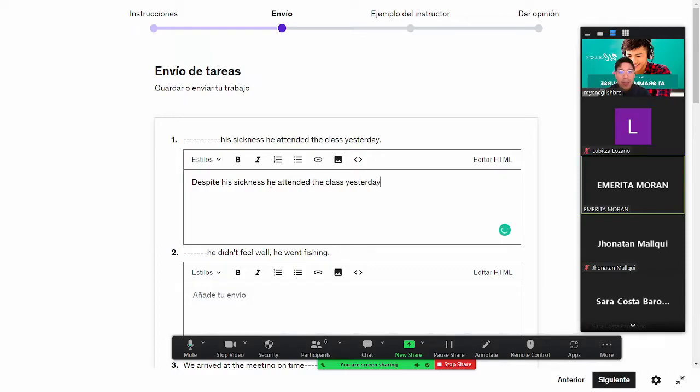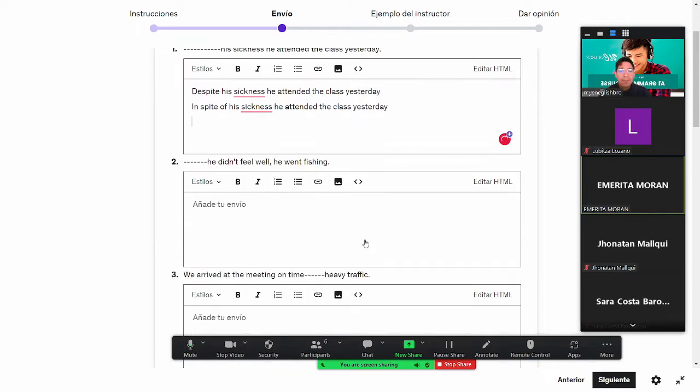Y luego de decir despite his sickness, también puedo decir, ¿qué más? In spite of. In spite of his sickness, he attended. ¿Puedo decir although his sickness? No se puede porque although siempre va seguido de una cláusula.